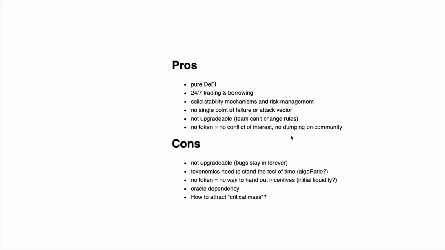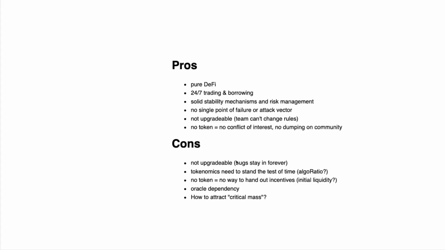The cons. Pure DeFi, as I said before, being uncensorable is a plus and a minus, and here it's the same. Not upgradable is also a con, because if there's a bug in there, it stays in there forever. As I understand the code, it's pretty stable. It's good. I'm no auditor, so take my opinion with a grain of salt.